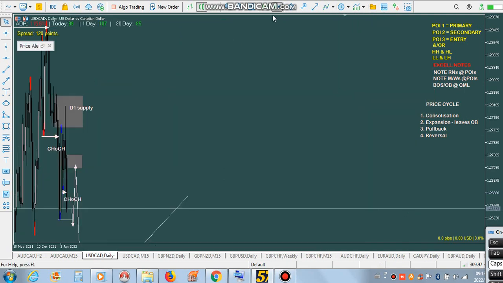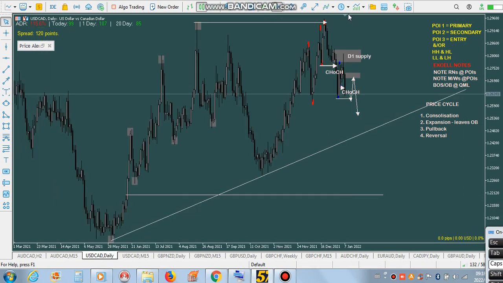But if it continues to break down, there is a zone down here where price is likely to collapse into. As you can see here, guys, there is this imbalance here which has not been filled over a very long time.